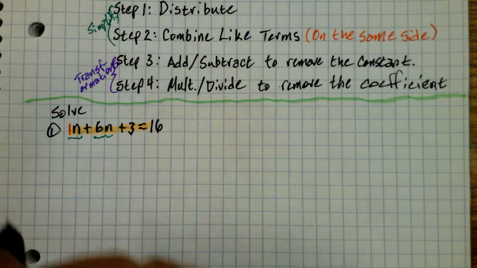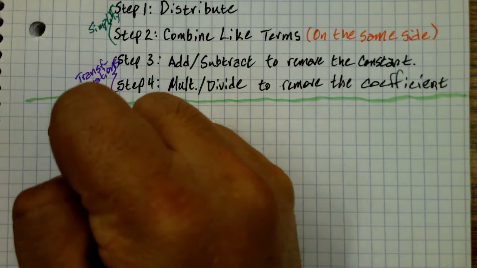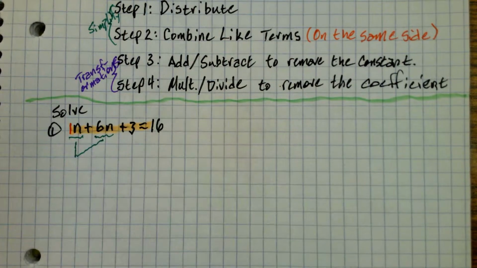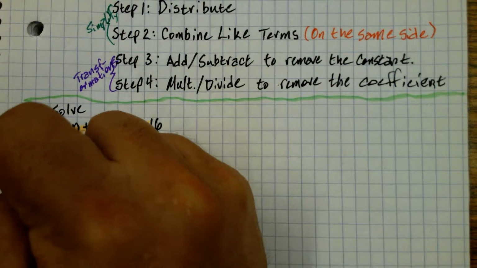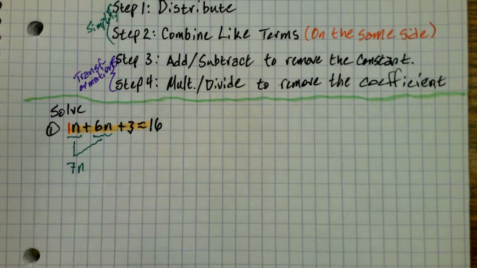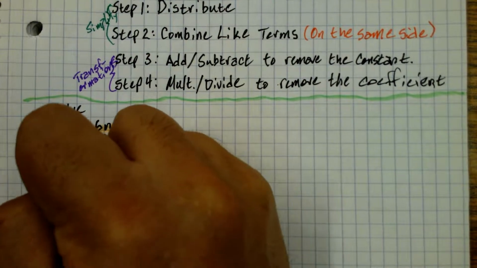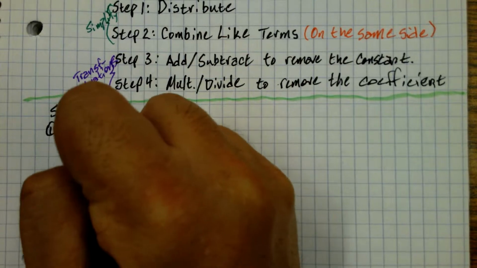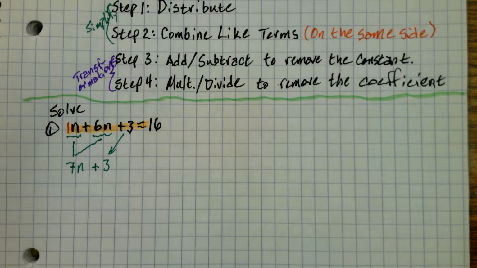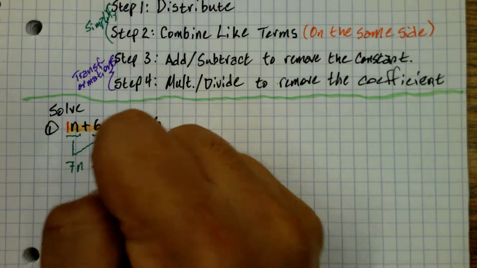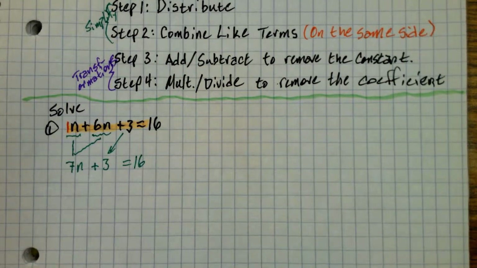So if I combine 1n and 6n, it becomes 7n. And also bring down the plus 3. It still comes down. Bring down the equal sign and 16. Okay? So we just combine the like terms. It's usually as simple as that.